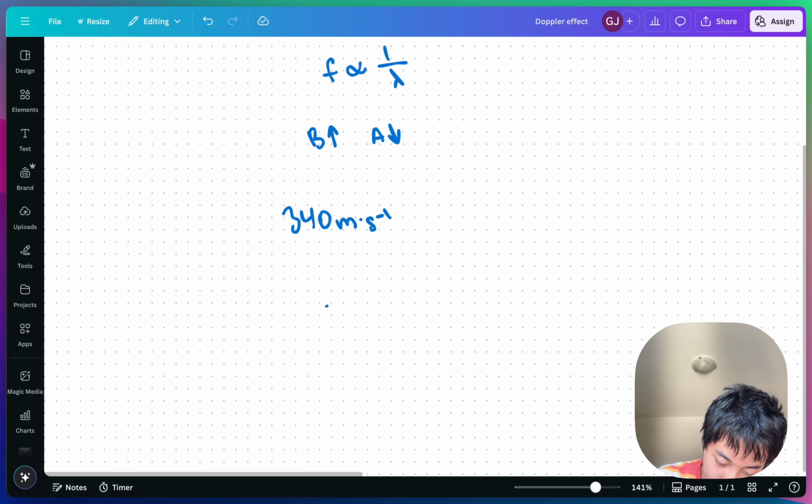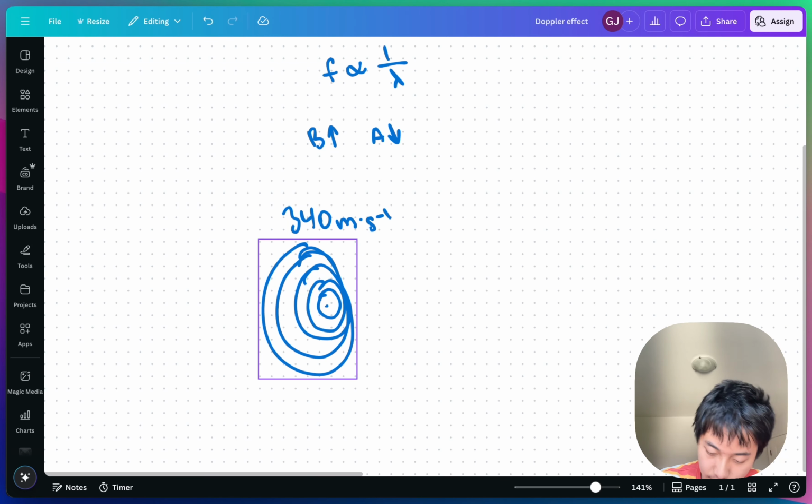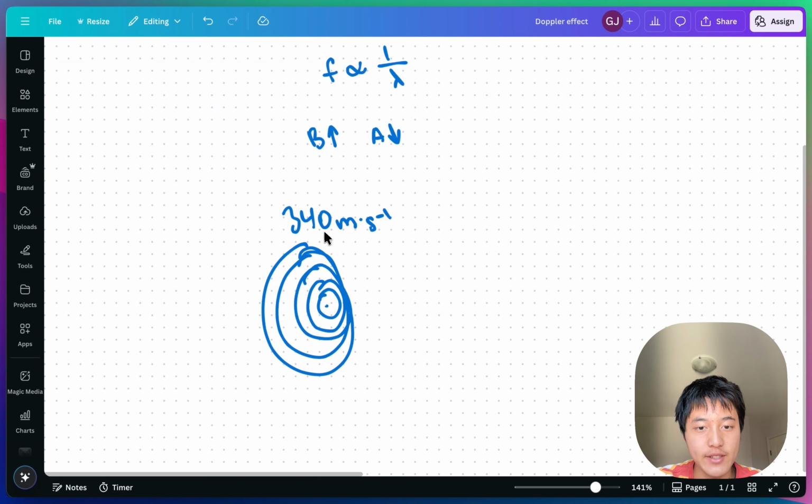Let's say the jet is right here, and this is essentially what it's going to look like. All of the waves are building up because it's moving exactly the speed of sound, so that all the waves that are produced are equal to each other.